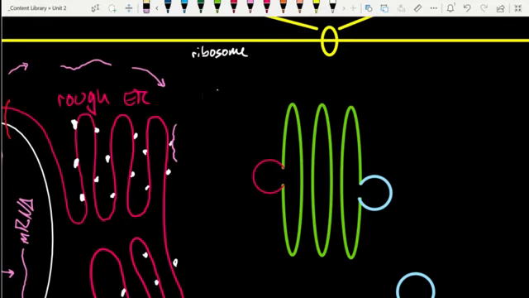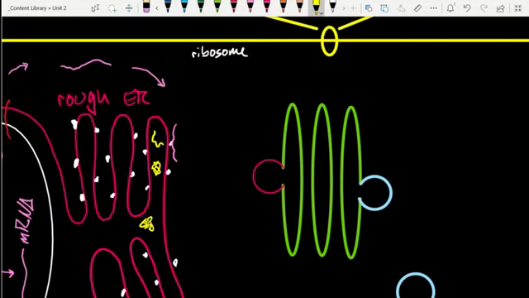So now that we see that, I hope you can appreciate this protein itself is being made, this polypeptide chain, right here inside the lumen of the rough ER. That's why the ribosome is docked onto the surface of the rough ER, because this protein is being made inside of it. So now we have this nascent protein that's just hanging out inside the rough ER.